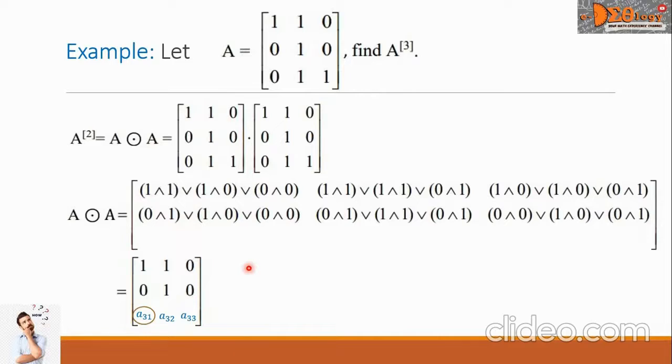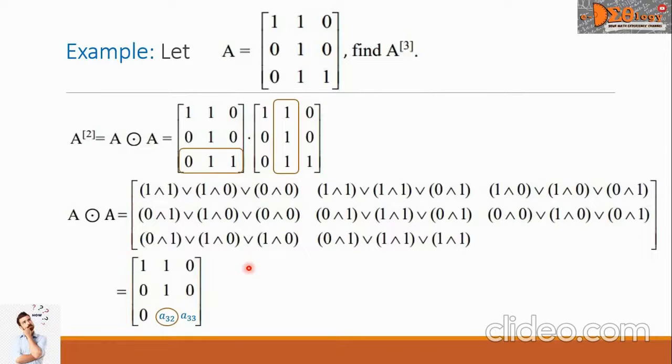A sub 3, 1. A sub 3, 2. A sub 3, 3. So we have now the resulting matrix of A power 2. Let us write this answer on top of our screen.